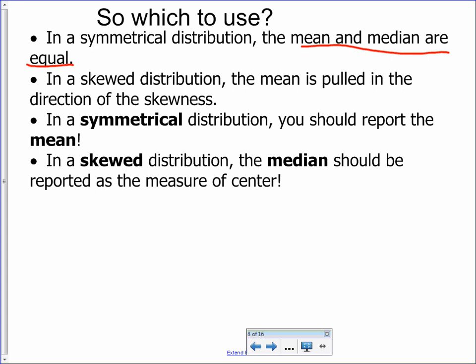So if it's right skewed, the mean will be pulled to the right, away from the median. If it's left skewed, the mean will be pulled to the left, away from the median. In a symmetrical distribution, you should report the mean. In a skewed distribution, especially if it's strongly skewed, the median should be recorded as the measure of center.